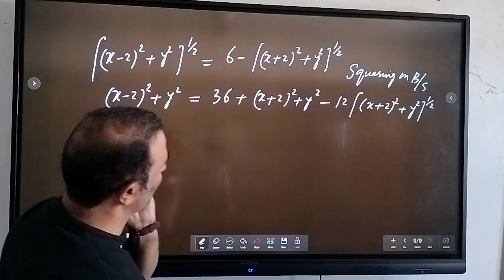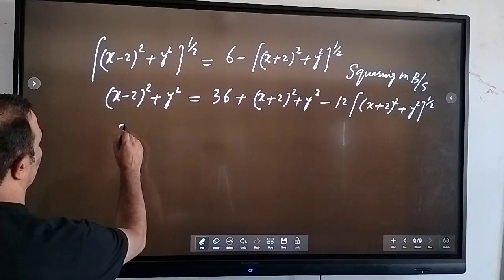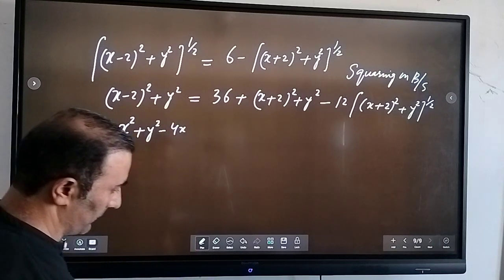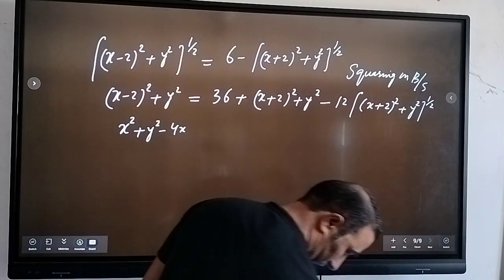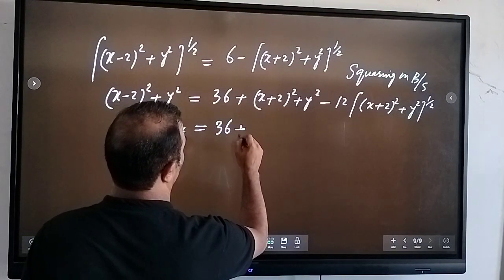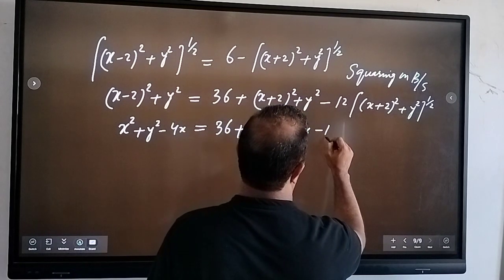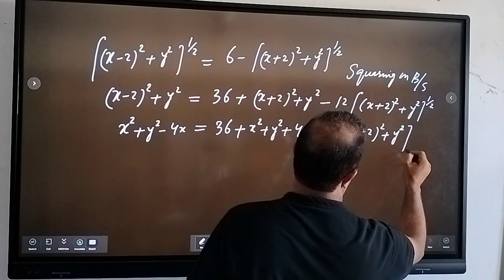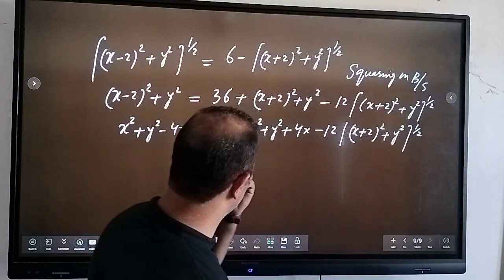Now let's evaluate this. This will be x square plus y square minus 4x, equal to 36 plus the other terms. So I simply do some algebra here.